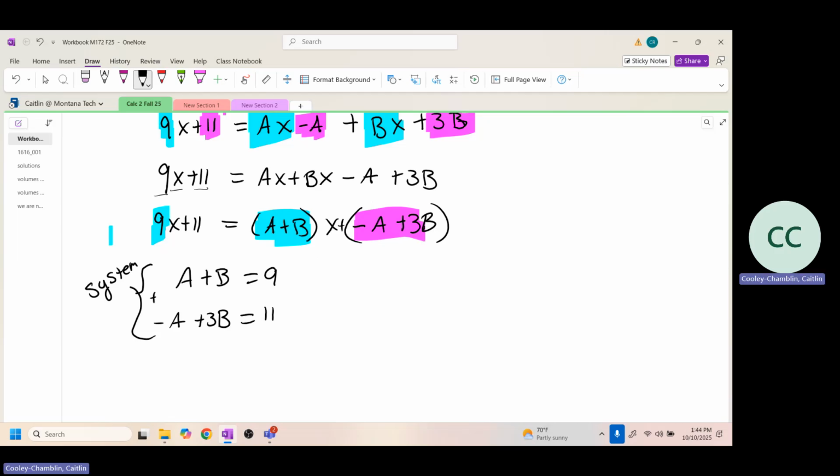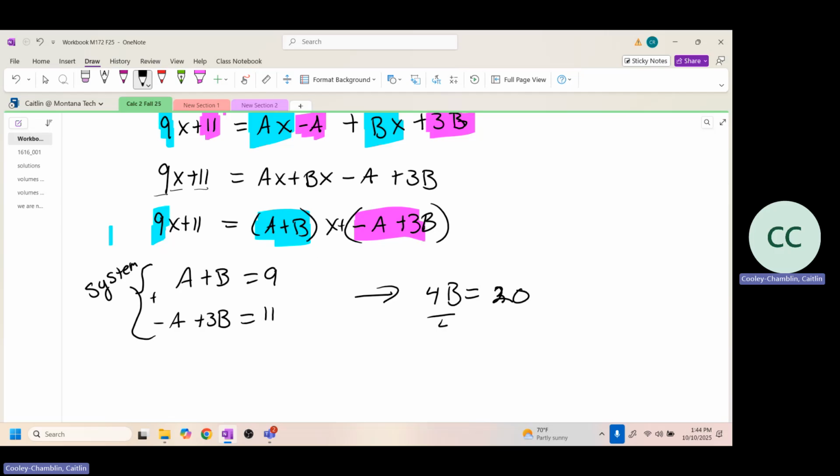And what I get is a plus negative a. My a's go away. But b plus 3b gives me 4b equals 9 plus 11 is 20.